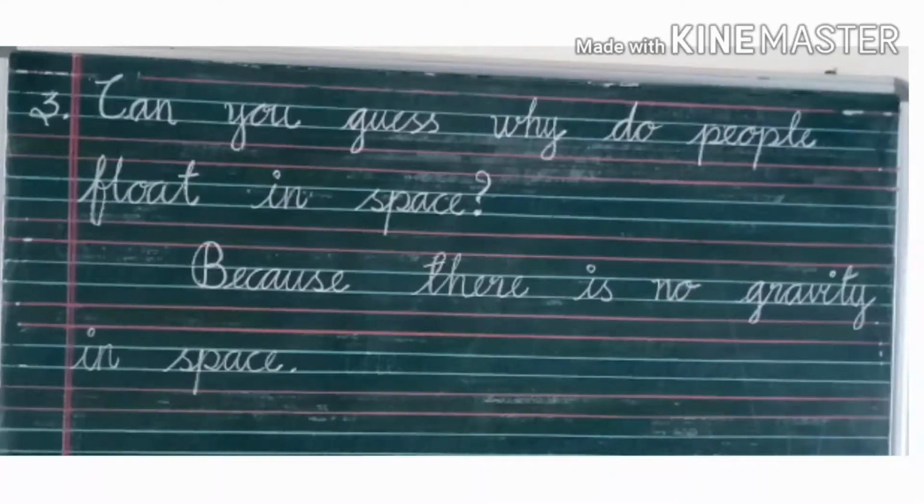It's a magnetic power. So there is no gravity power in space. That is why people are floating in space. You understand, children? Yes. So that's all, children. Class book for this lesson. Yes. Thank you, children.